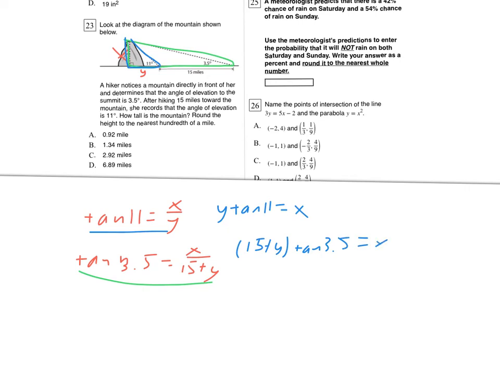So now I'm going to do substitution. Since x is equal to this, I'm going to swap it out right there. I'm also going to get decimals for this.